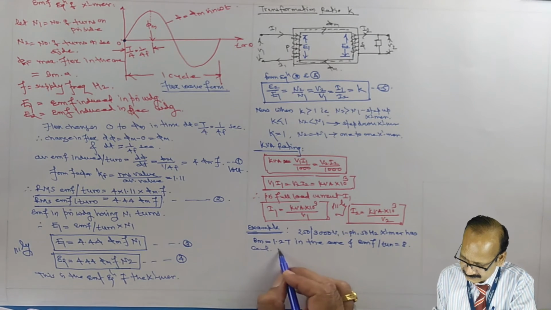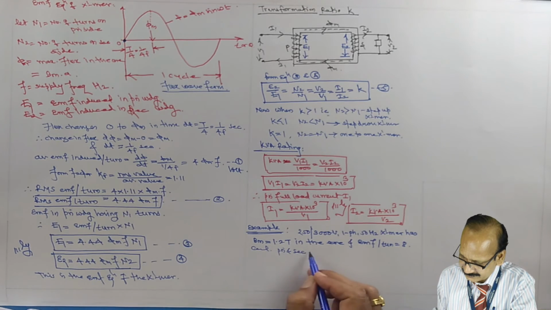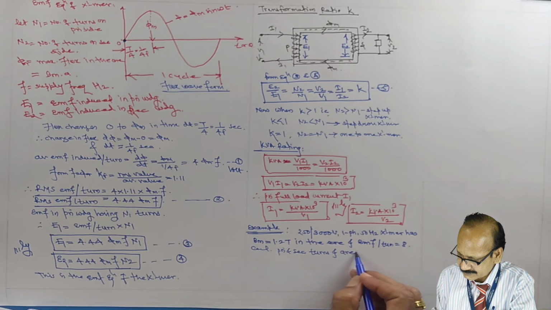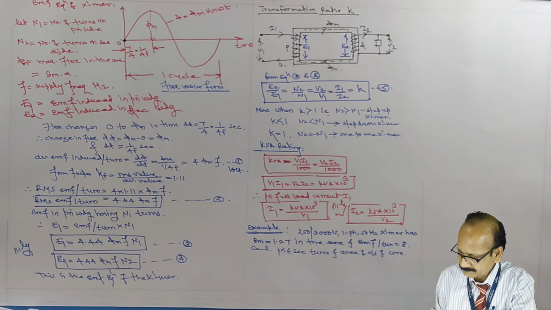Calculate the primary and secondary turns and the area of cross section of the core.